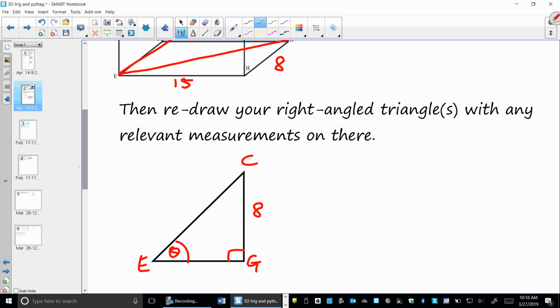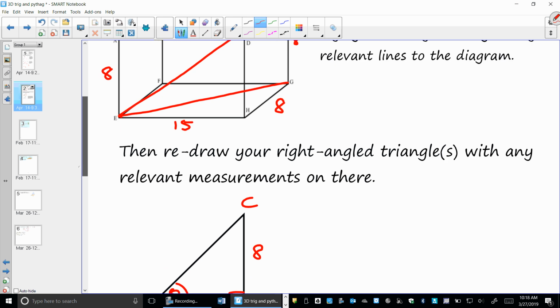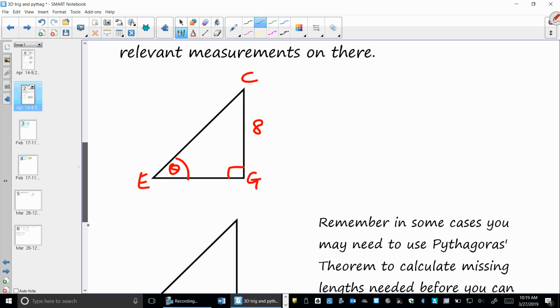So in order for us to be able to calculate that, we obviously need some additional information. Now, luckily, if I'm missing this length here, I can see that that's also a right angle triangle. Yes? So I'm now going to label my triangle EGH or EHG.